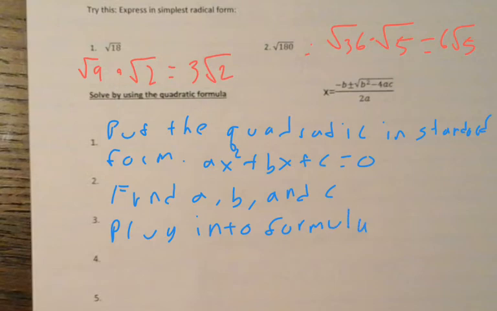Now the only thing I ask is pay attention to the b value, because right here we have negative b, so if the b value is negative 2, you have to remember to negate negative 2, which would become a positive 2. Just always be careful of the b value. That's where a lot of kids mess up.